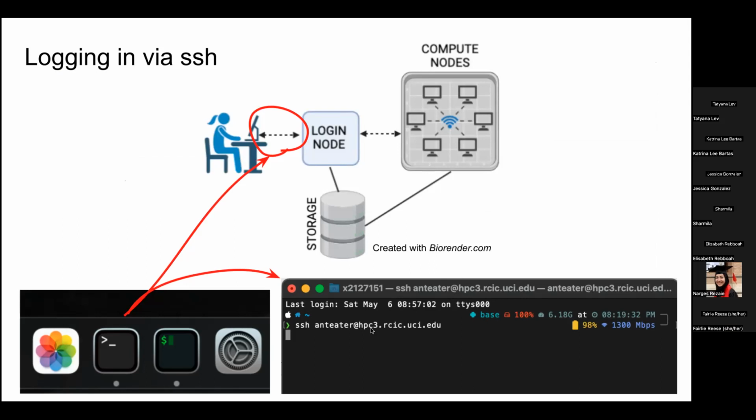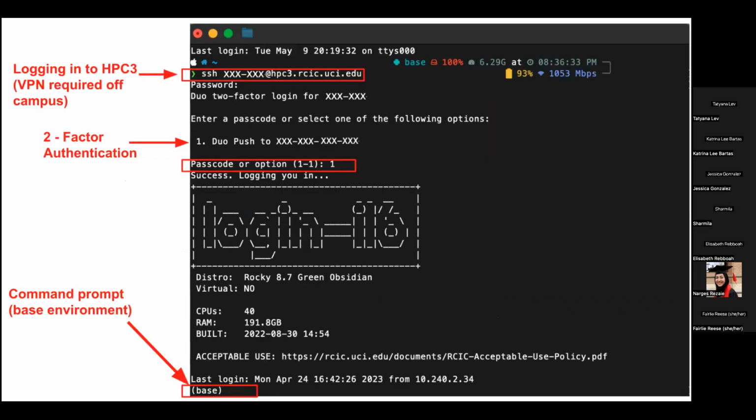You press enter, and you'll get the rest of this. You'll be asked for the two-factor authentication, which means you'll have to have your phone nearby. And once you're logged in, you'll see this login screen. At the very end of that, there'll be the command prompt. This is where you'll begin typing whatever commands you need.